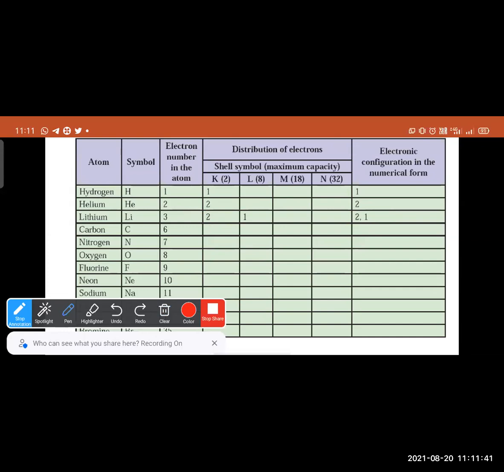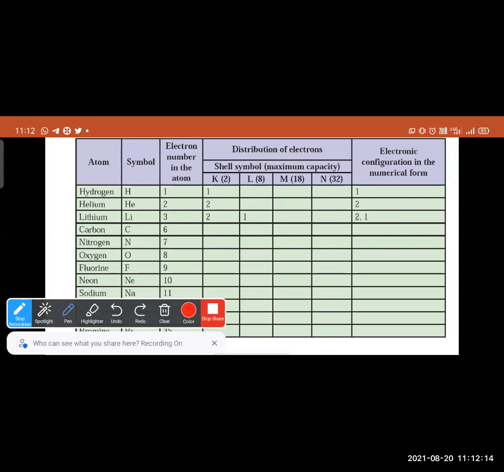Now, in case of carbon, atomic number is 6. The first orbit will have 2 electrons. The remaining 4 electrons will be placed in the second orbit, that is the L orbit, because the maximum capacity of the L orbit is 8 electrons. Therefore, the electronic configuration of carbon is 2, 4.